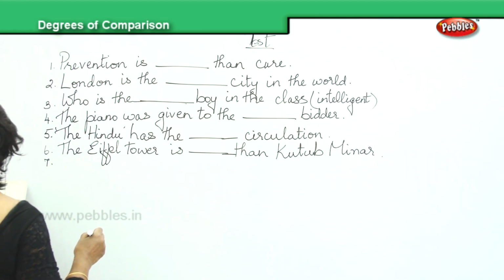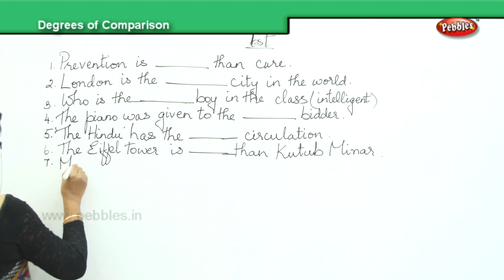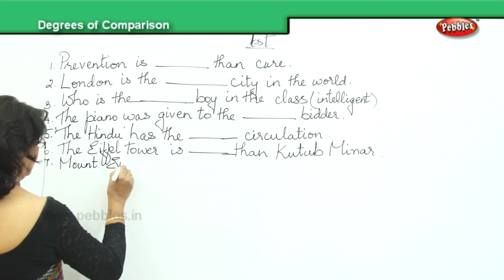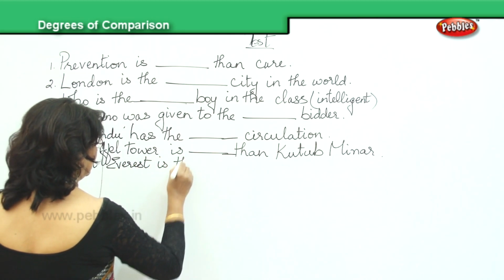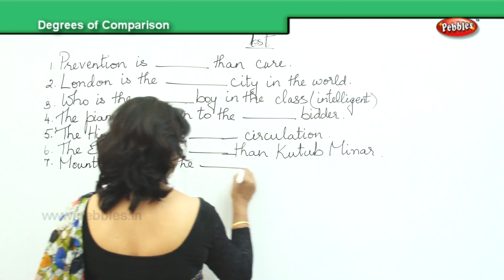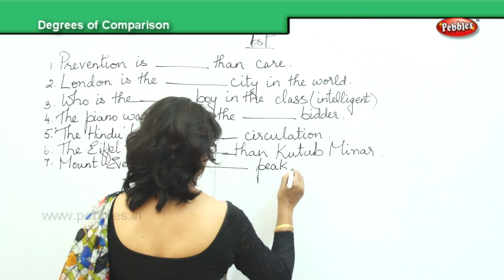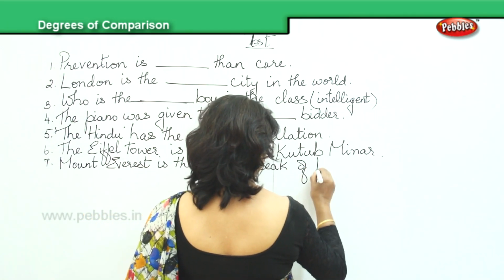Next one. Mount Everest is the dash peak of the Himalayas.